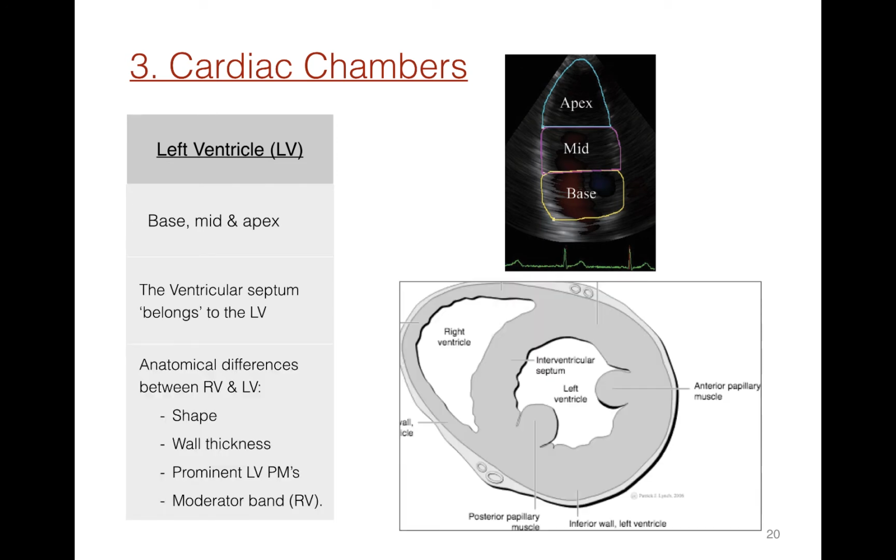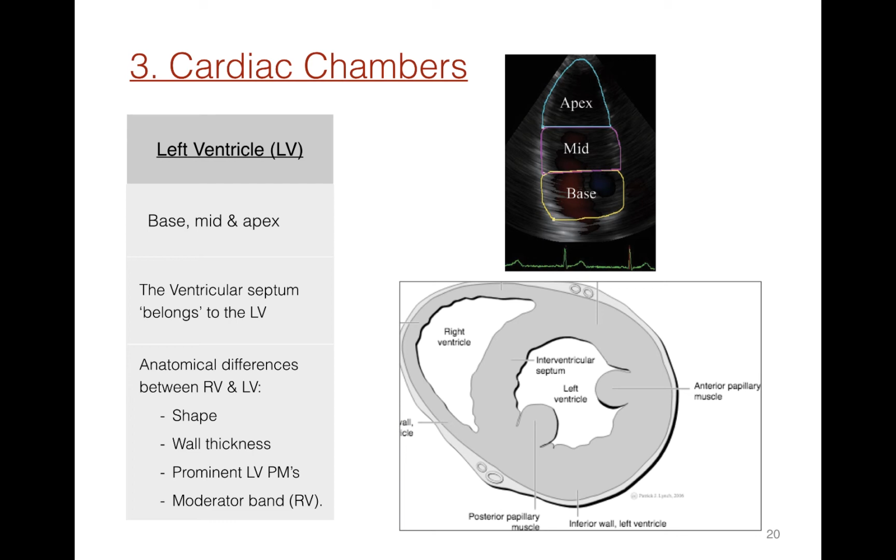The ventricular septum is said to belong to the left ventricle, not the right. So the ventricular septum, strictly speaking, is part of the left ventricle. And this slide helps to reaffirm some of the other anatomical differences.